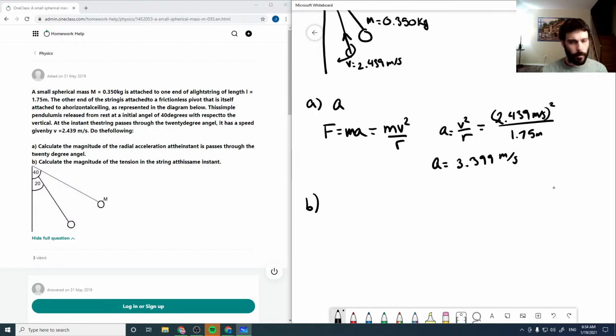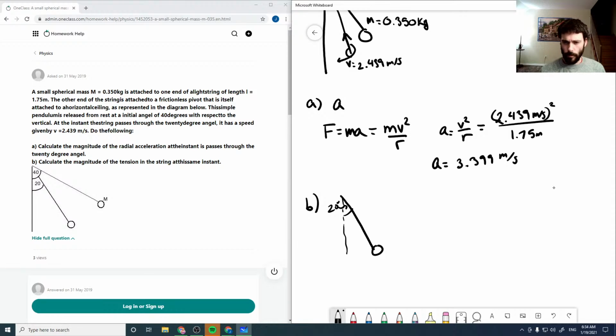And now B is to calculate the tension in the string at the same instant. So if we do up our free body diagram, we've got our 20-degree angle.